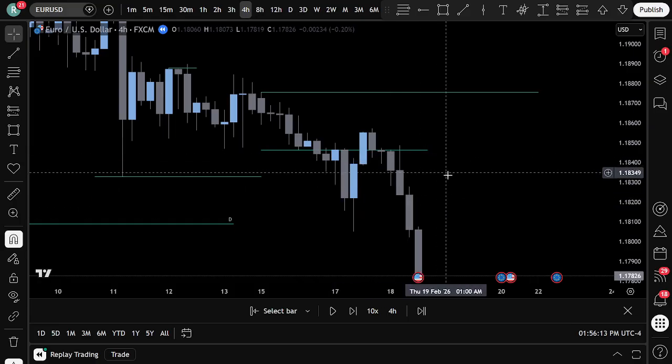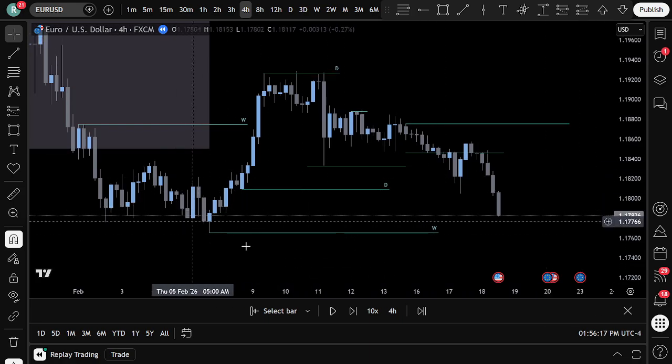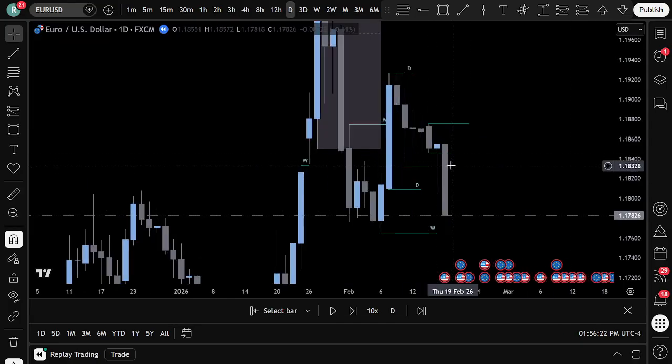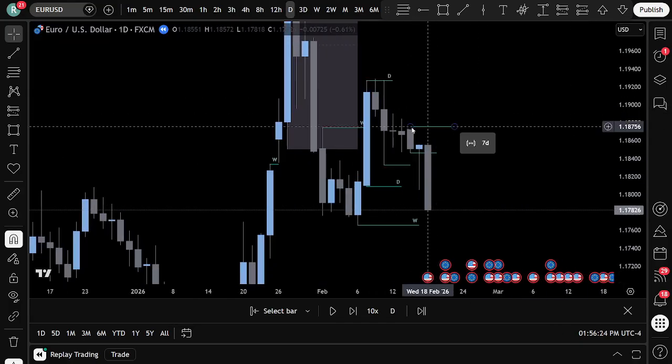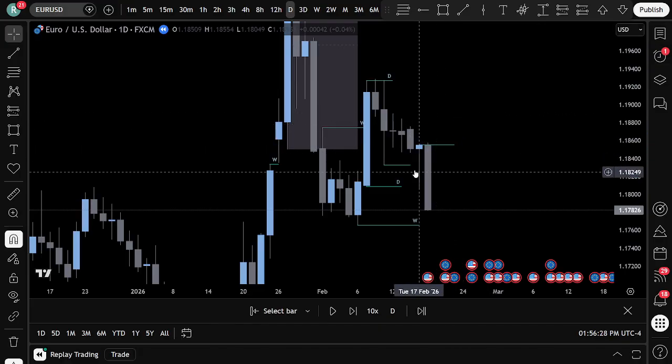Totally fine, it happens. What is the higher time frame range that we're potentially working through? Weekly. What is the daily order flow? Still bearish, right? We come to a daily high.